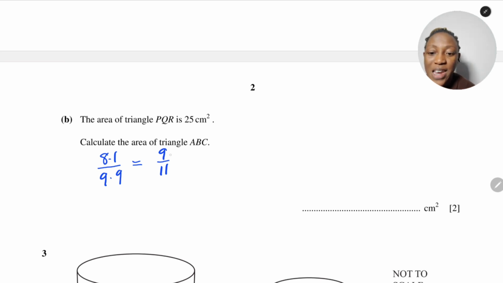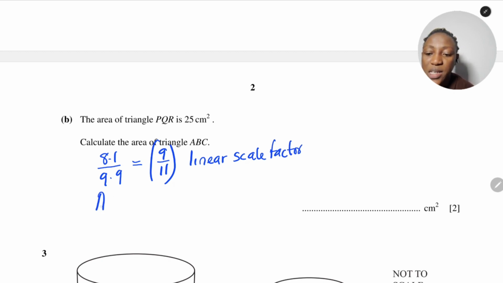So this is our linear scale factor. Remember, we need the area scale factor. Area scale factor is given by L squared. That means we need to square this: 9 over 11 all squared.